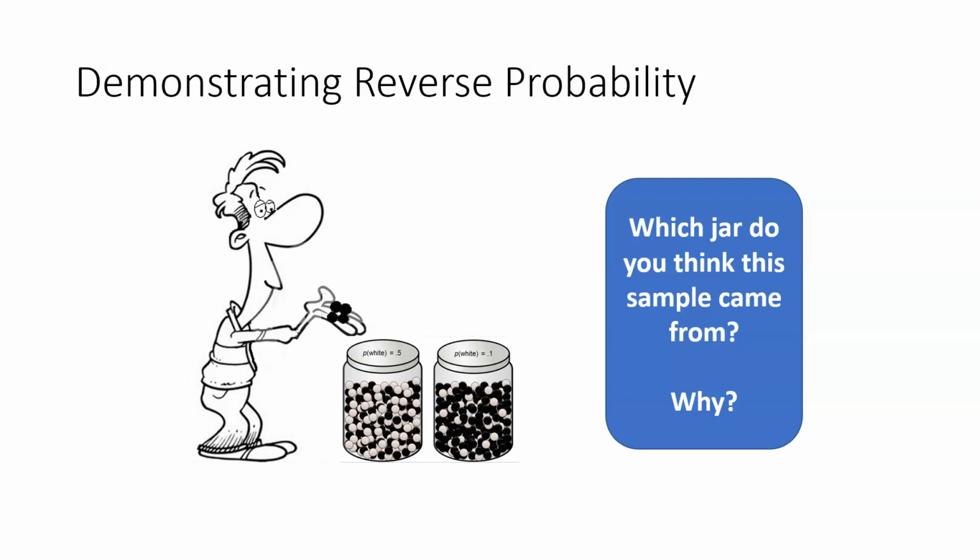Because most of the marbles in the second jar are black, and most of the marbles in your hand are black. So you could say that the sample in your hand looks more like the population from the second jar than the first jar. Could you have drawn 4 black marbles at random from the first jar? Well, certainly, but it's more likely that it came from the second jar.